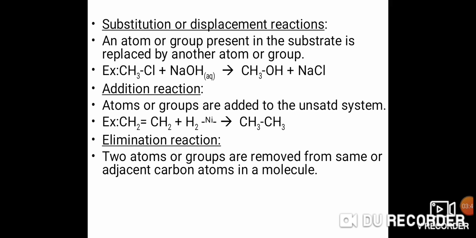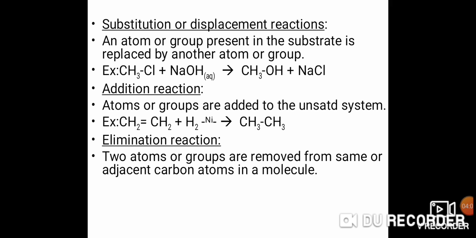Thus, one pi electron of one carbon and the other pi electron of the other carbon overlap laterally to form the pi bond, which is a weak bond, and thus represents the double bond in unsaturated carbon compounds.